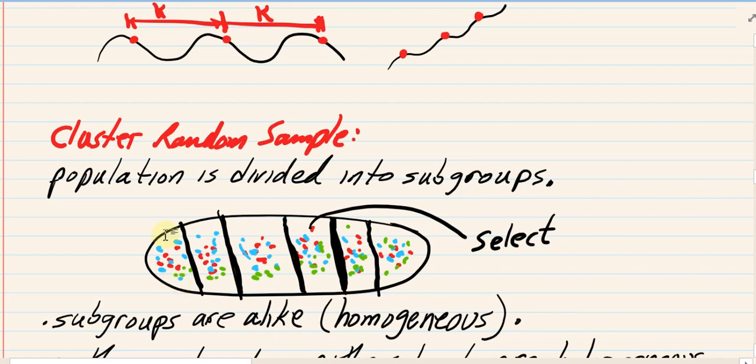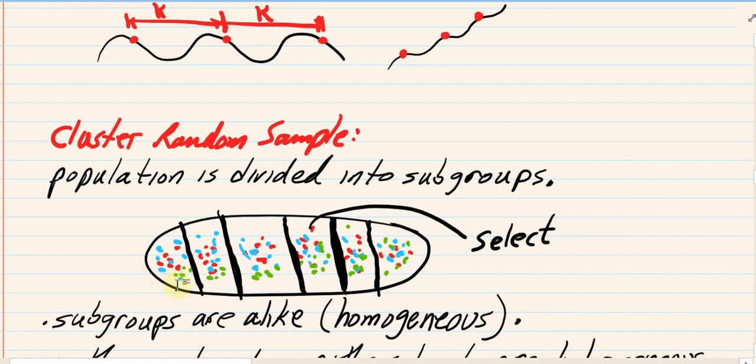For example, I have blue, red, green, and so on, blue, red, green in every one of them. So what this is supposed to portray is that all of the subgroups are alike inside. For example, this could be County of San Diego, this is County of Los Angeles. Pretty much the diversity is the same in San Diego as opposed to Los Angeles or Orange County and so on.